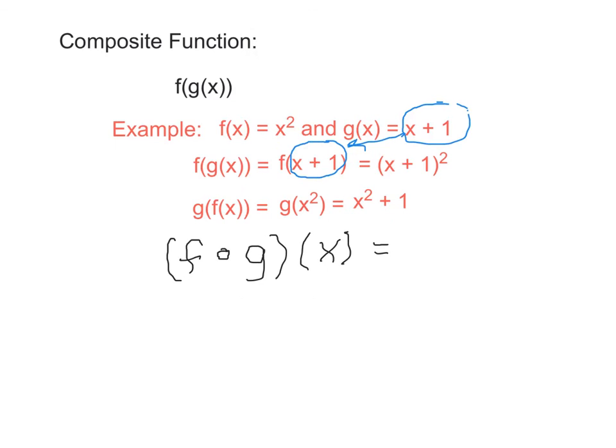And this is the same thing as writing it f of g of x. My preference is the second version because it's clearer as to what you are actually doing.